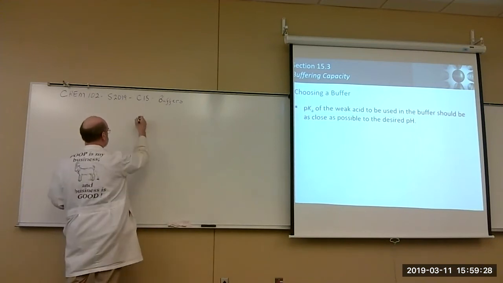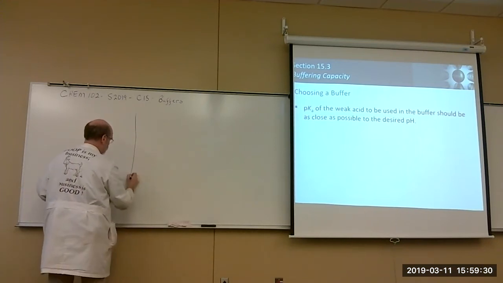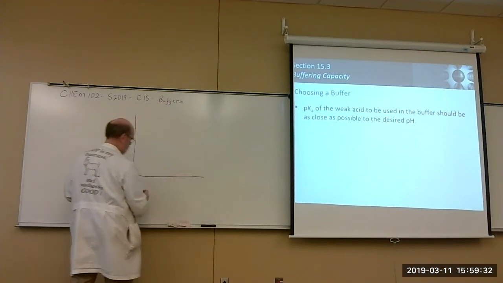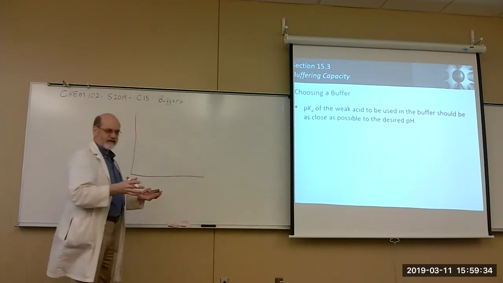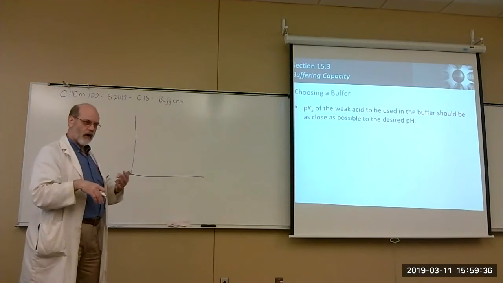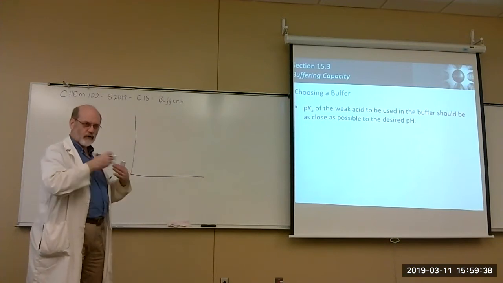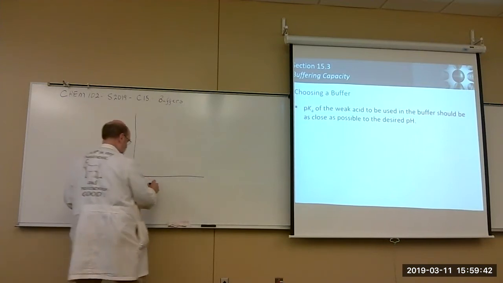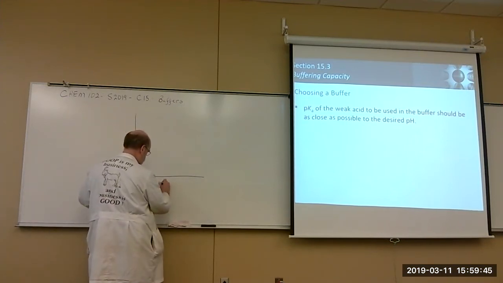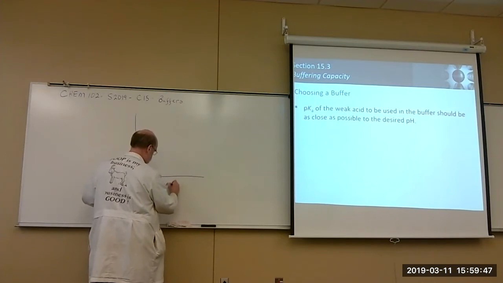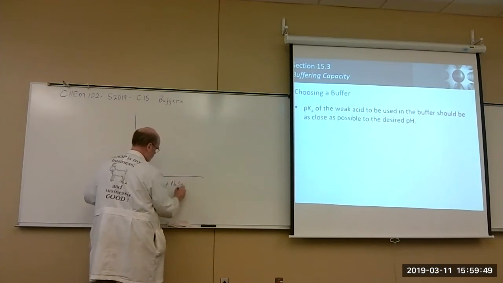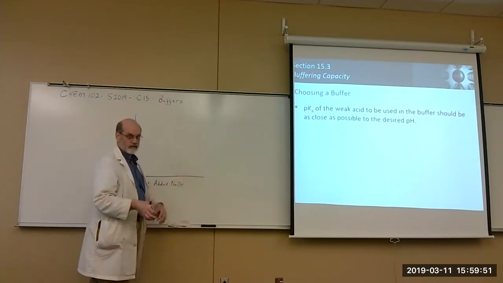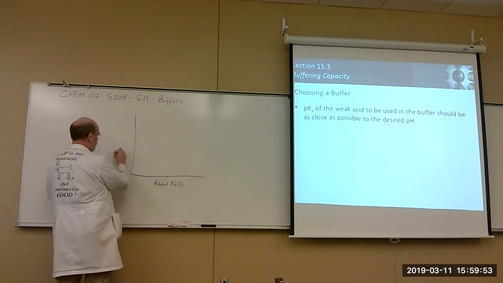So let's say we have our system here, and we're going to have a weak acid, so that means we're going to start off at a low pH, and we're going to start adding base to it, strong base, sodium hydroxide. So this is added sodium hydroxide, which is basically the hydroxyl ion. And this is the pH.